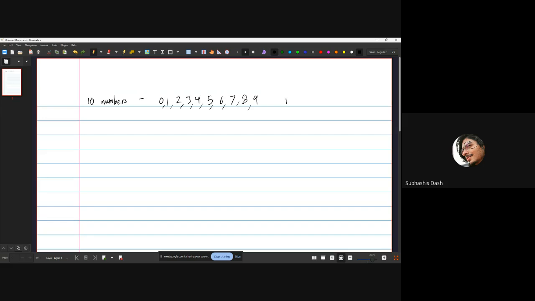We use 1 and 0 to denote 10. These are the 10 symbols that we use for a decimal system.